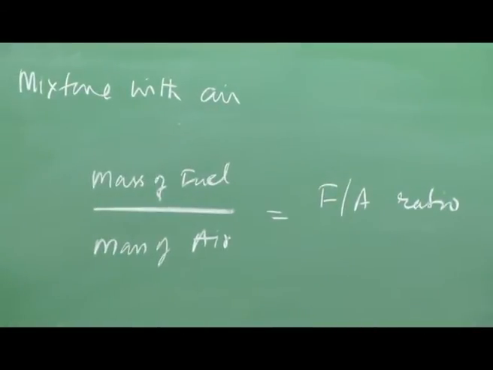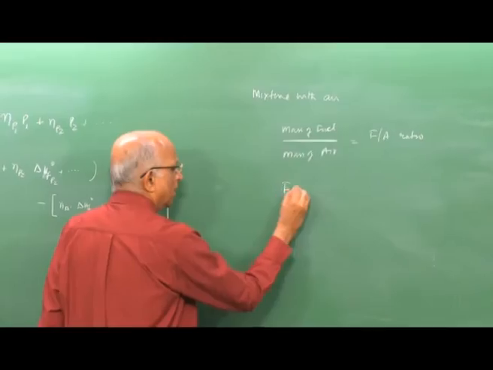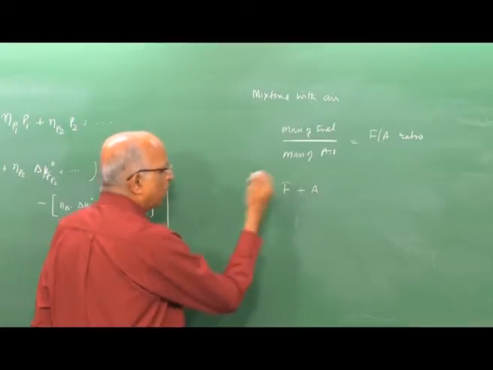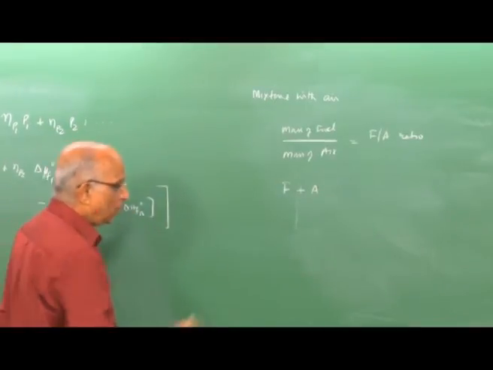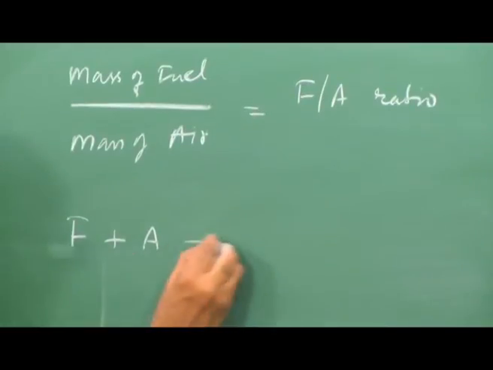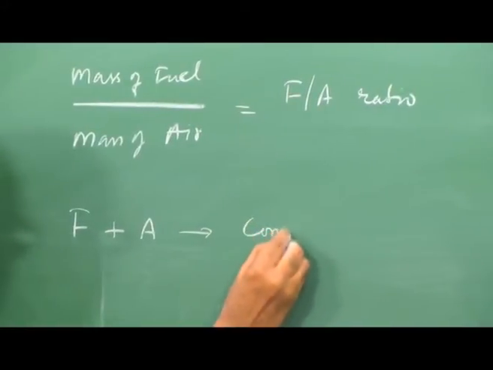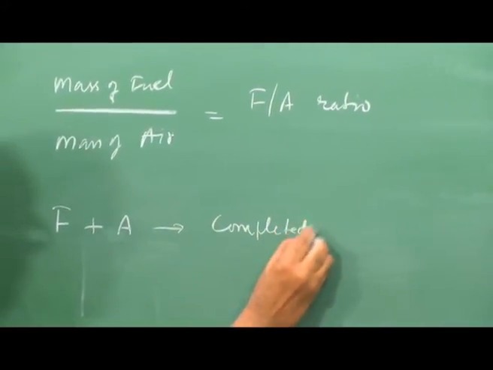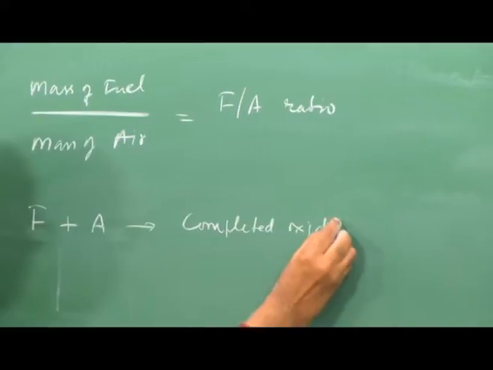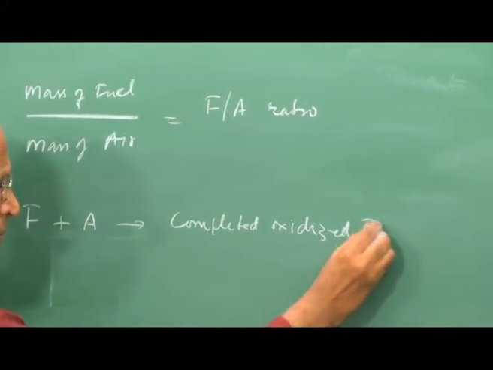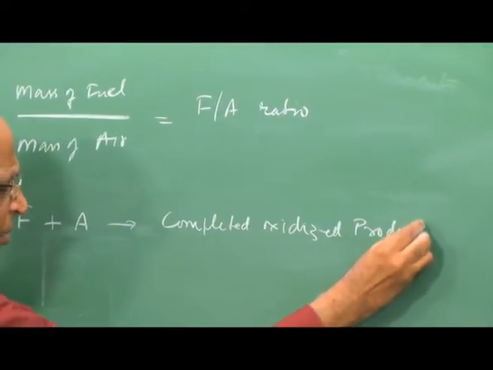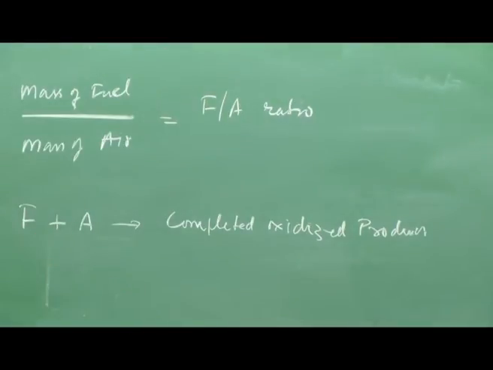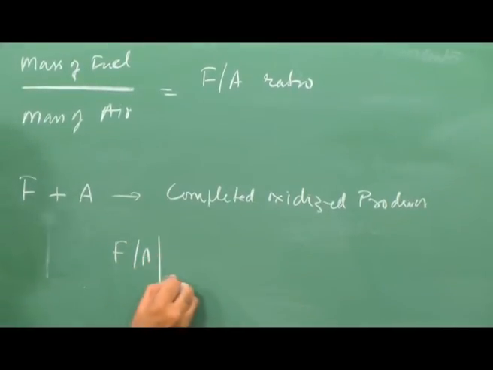I could have a fuel reacting with oxygen in any proportion I want. I could also have fuel and oxidizer which gives me completely oxidized products of combustion, in which case I say this reaction is stoichiometric. Therefore, I can also determine a fuel to air ratio for a stoichiometric reaction.